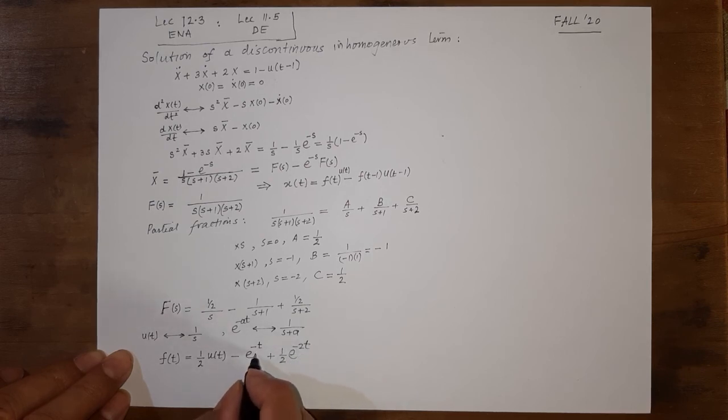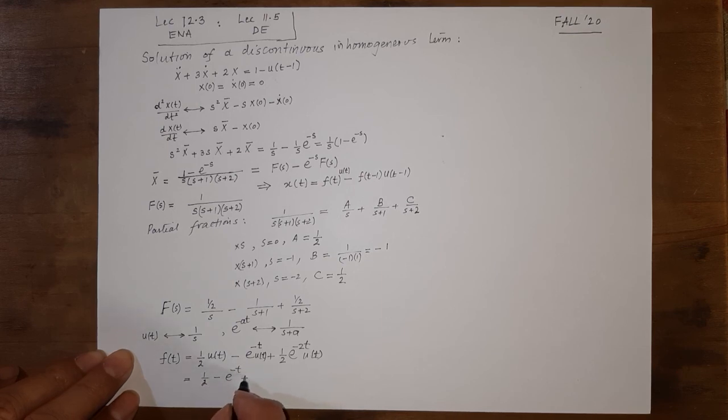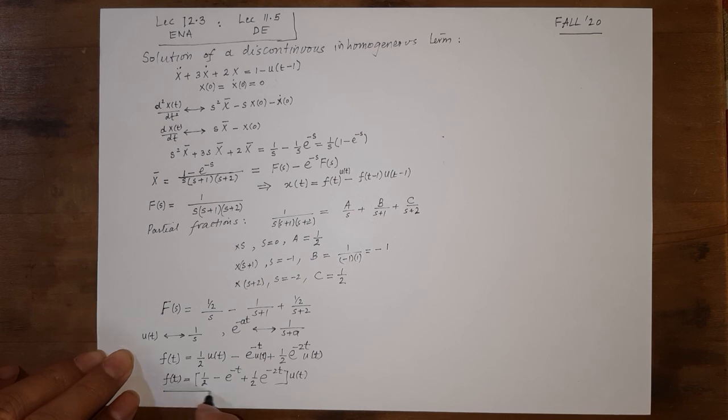And u(t) is with each term to signify that we are only interested in solutions or functions that are to be considered for t greater than 0. So this u(t) actually ensures that these functions are 0 before t is equal to 0.